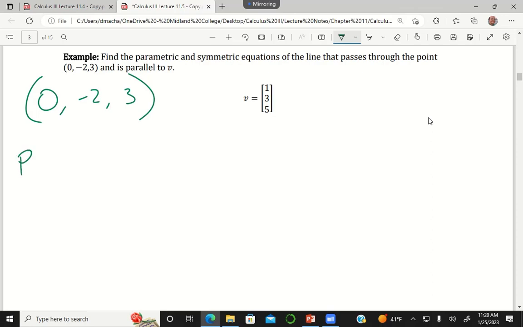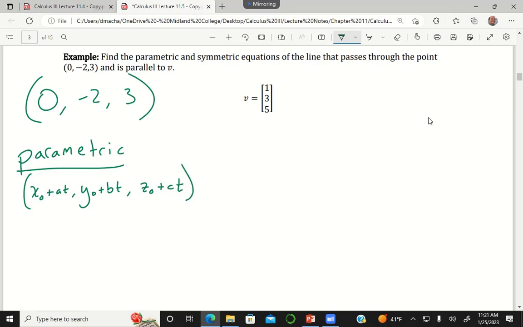So on the parametric side, we need my equations to look like x naught plus at, comma, y naught plus bt, comma, z naught plus ct.